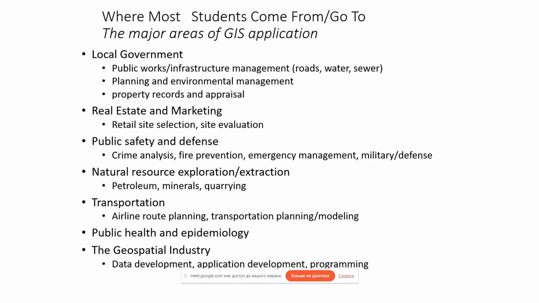Also law, property records and appraisal, real estate and marketing, public safety and defense, natural resources exploration and extraction, transportation, public health, and the geospatial industry, data development, application development, and programming.